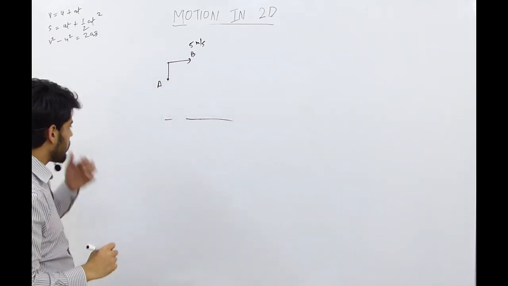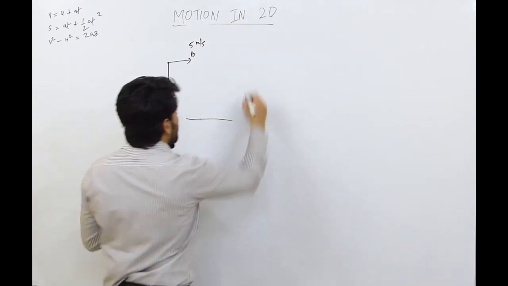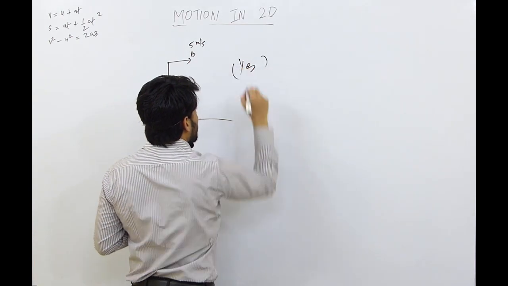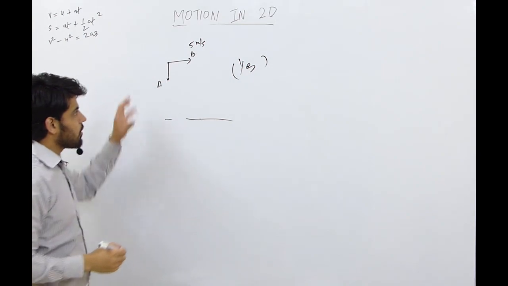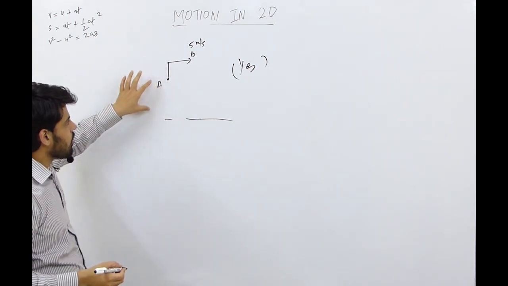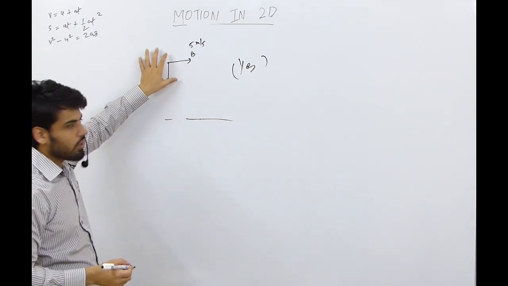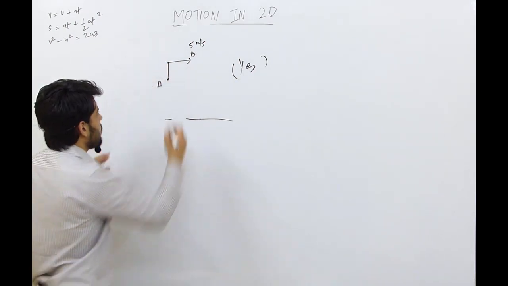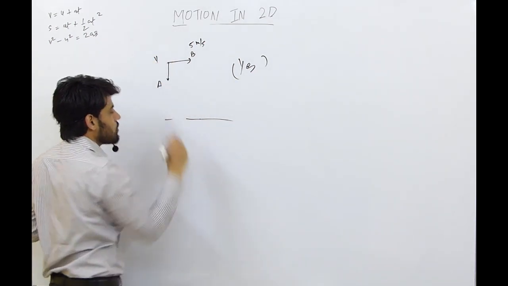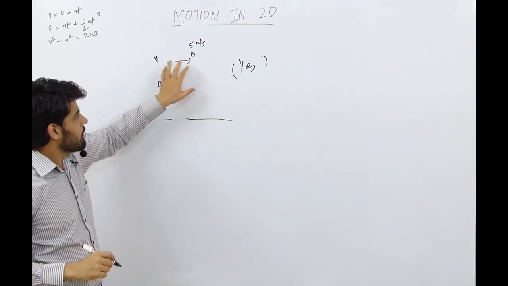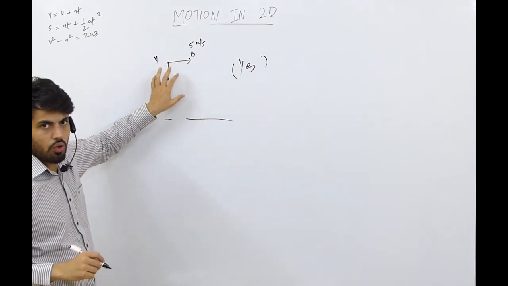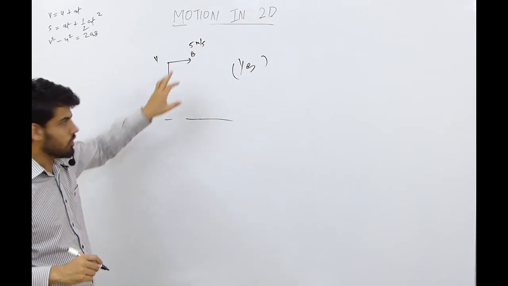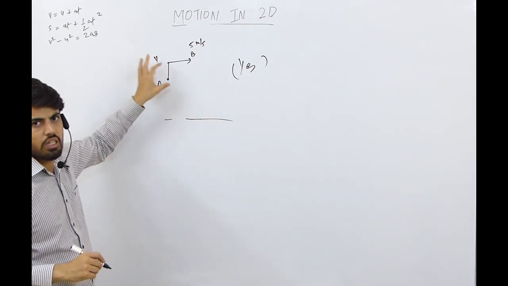Yes, they both reach the ground at the same time, because for both objects A and B, the vertical component of the initial velocity is 0. For B the vertical component is 0, and for A also it is 0.